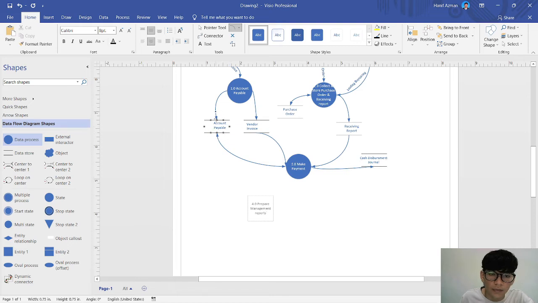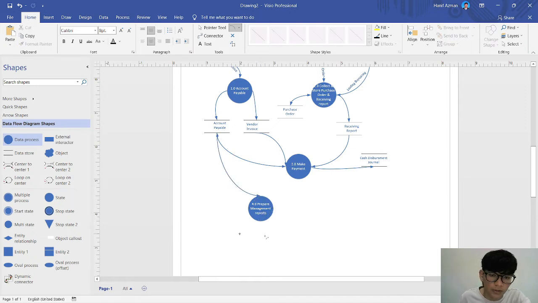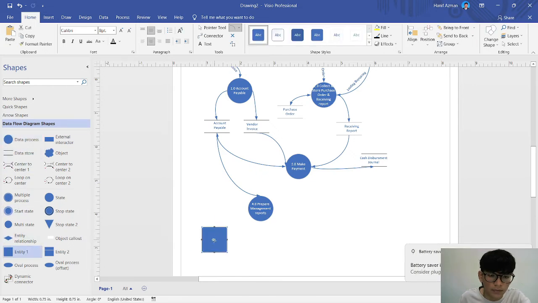And then accounts payable sends to prepare management reports to report all the things. And this is the management.